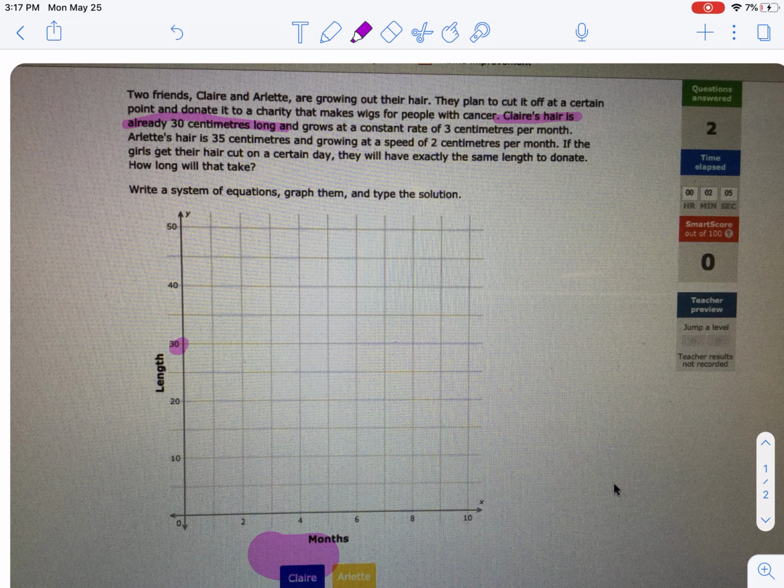And it says it grows 3 centimeters per month. So you can go over 1 month and up 3, or you could go over 10 months and up 30. That'd be too far. You can go 2 months and up 6, 3 months and up 9, and you can draw a line on those dots.